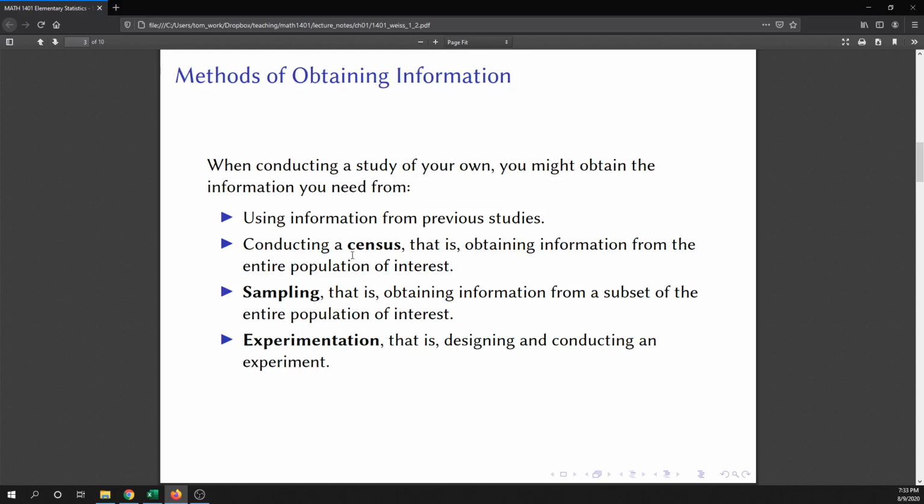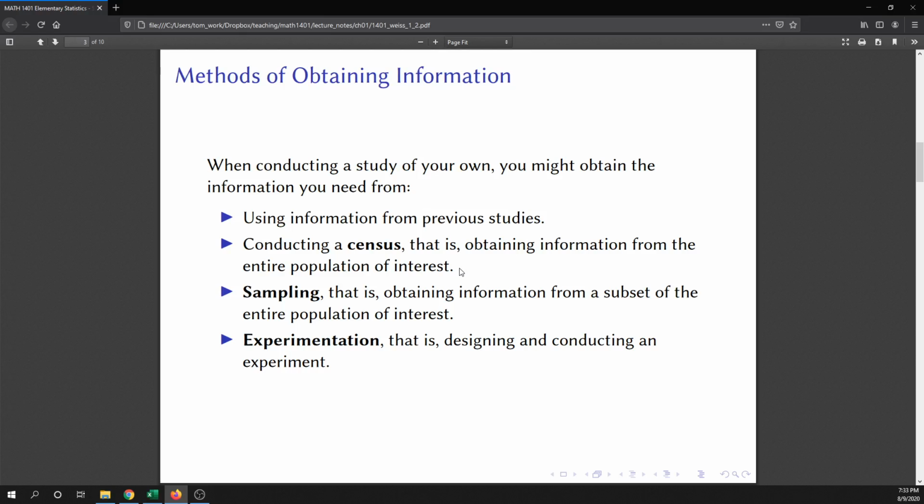Then the next way that you could get data from a population is through what's called a census. A census is going around to every individual in the entire population. That's a huge undertaking if you have a large population. You may have heard of the term census in terms of the United States Census.